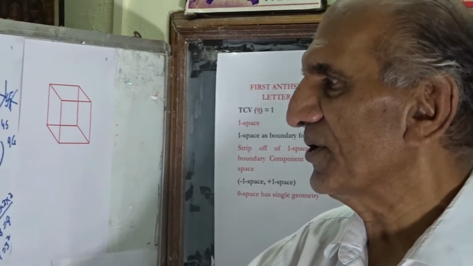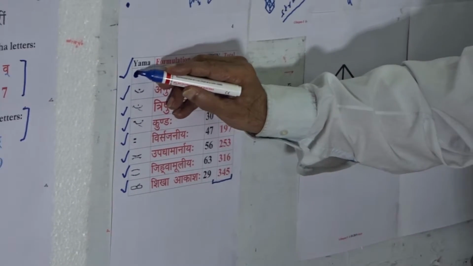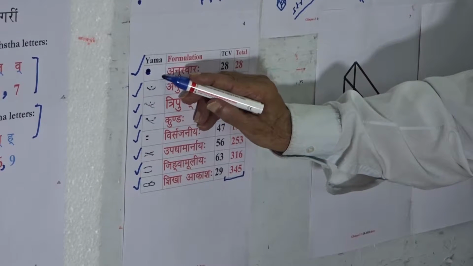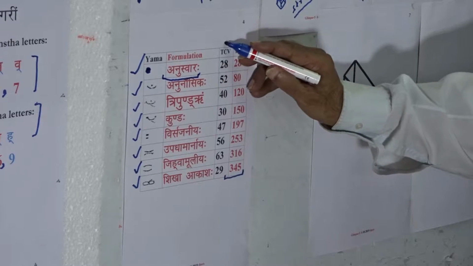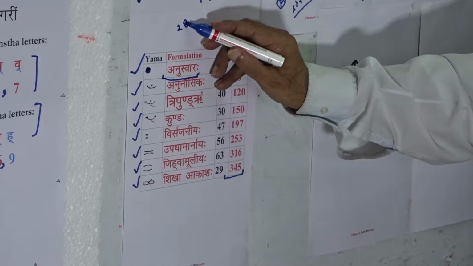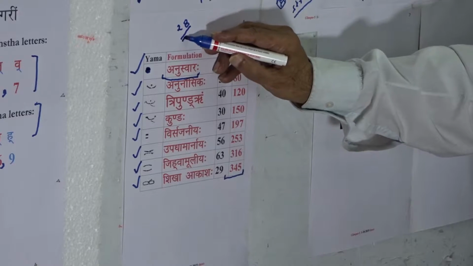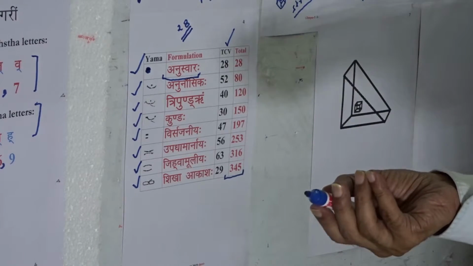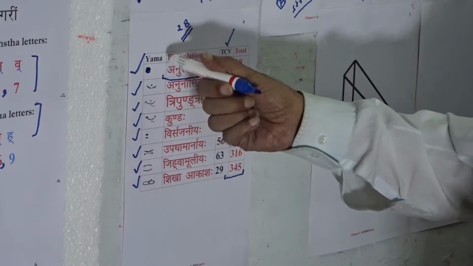The first Yama letter, which is a structured point, which is also of value 9, is as such having a formulation Anuswara, which is of TC value 28, and value 28 we know is the value of the second perfect number. Therefore, it is this second perfect number with which there is going to be a structural format of the Yama letters.